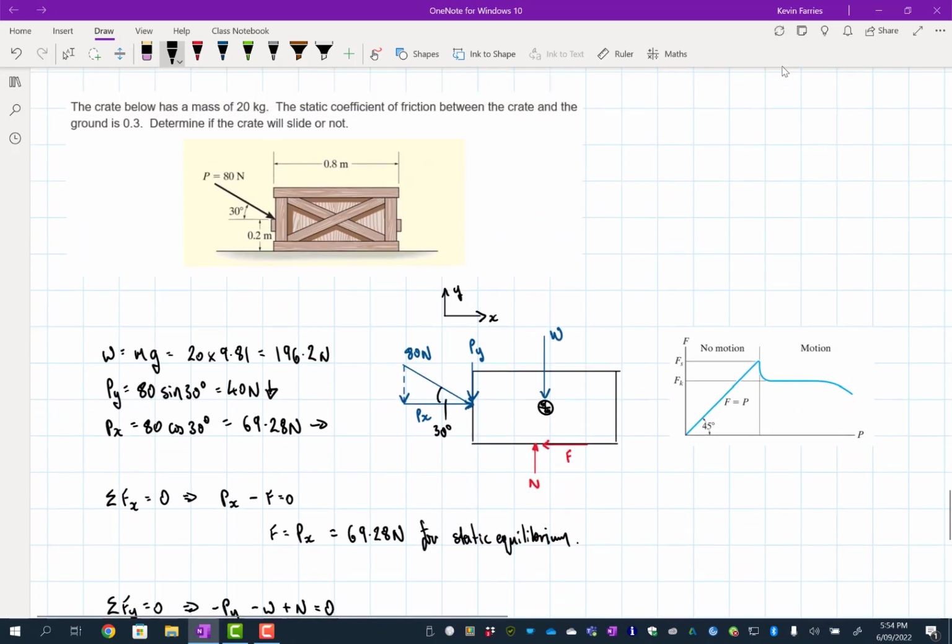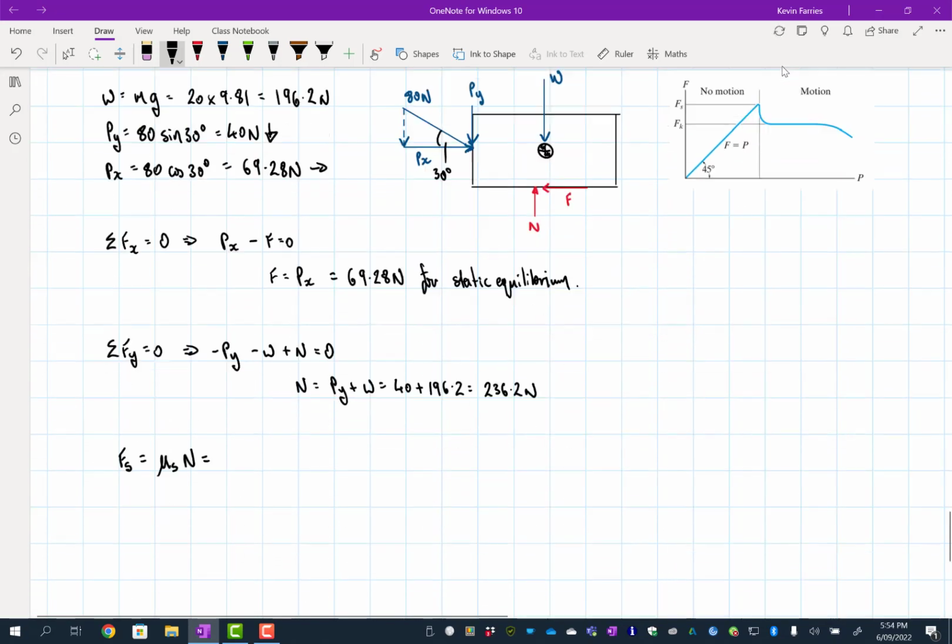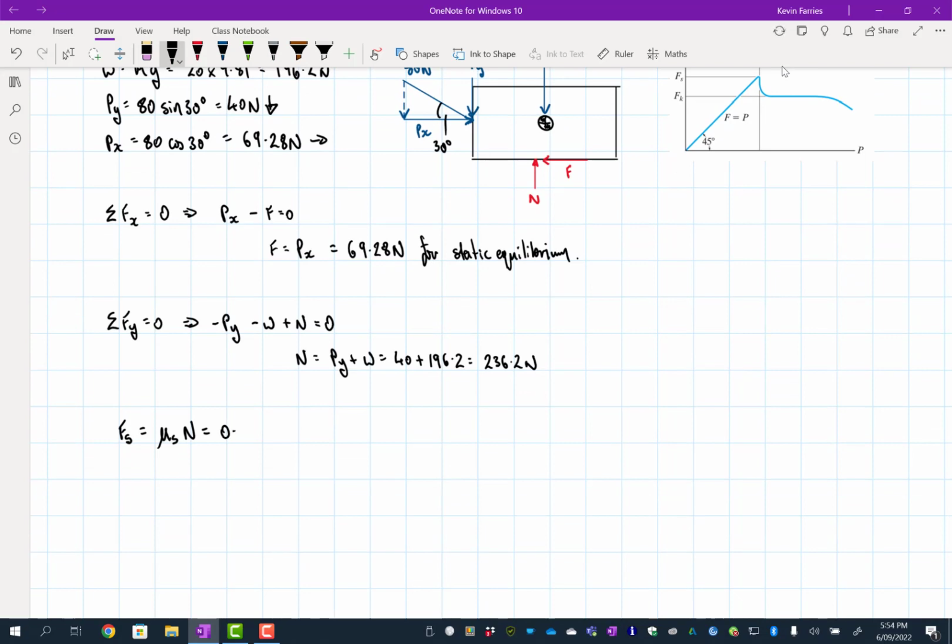What was the static coefficient? 0.3. So 0.3 times 236.2 is 70.86 newtons.